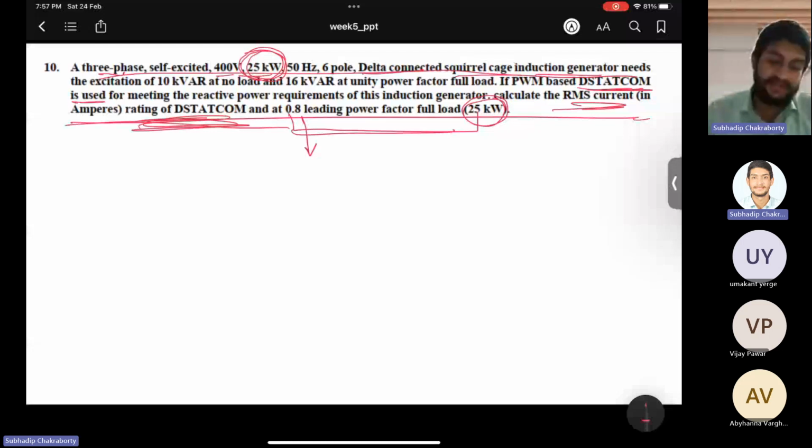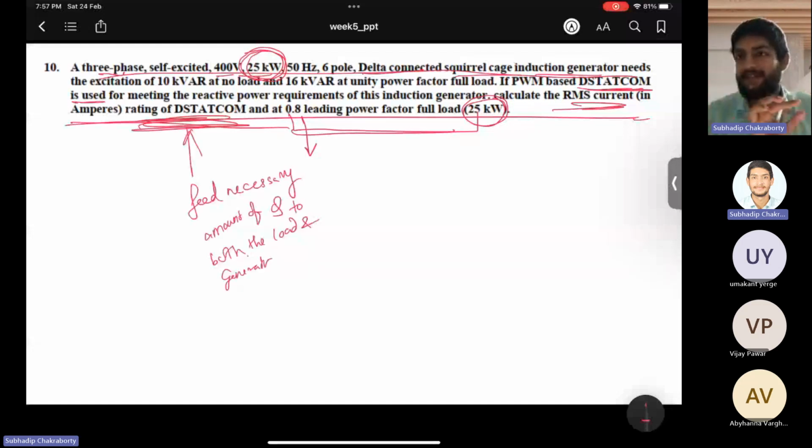So what is the DSTATCOM supposed to do? Feed the necessary amount of Q to both the load and the generator. Through proper control, we inject reactive power so the induction generator fulfills its excitation requirements and the load's reactive power burden is met. So sum it up: the net reactive power that the DSTATCOM has to push needs to be calculated, because only the DSTATCOM is doing what?